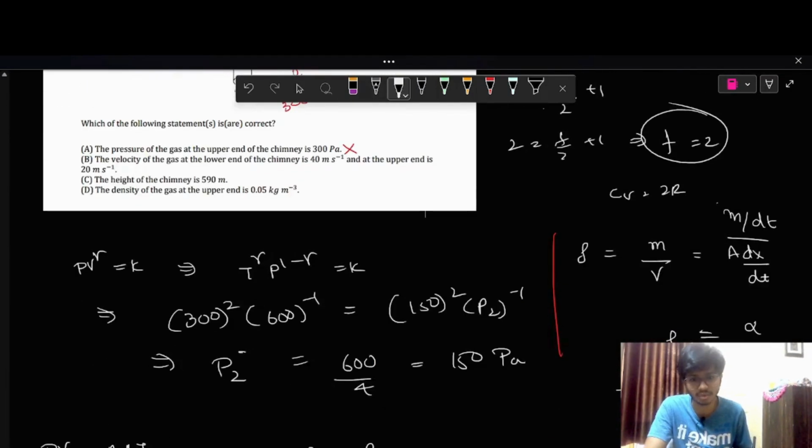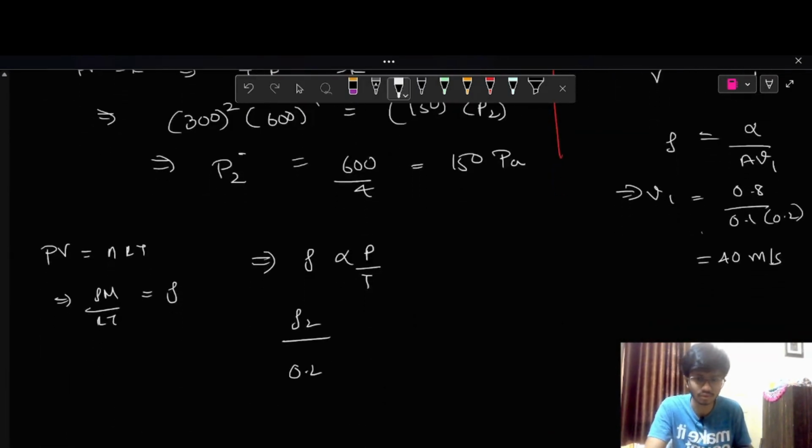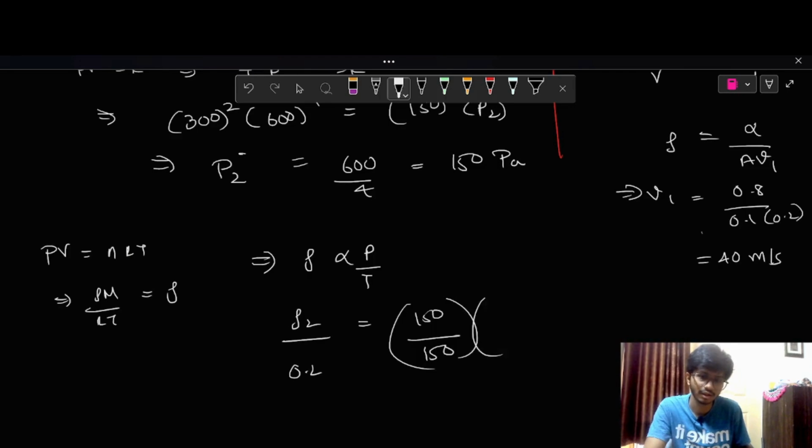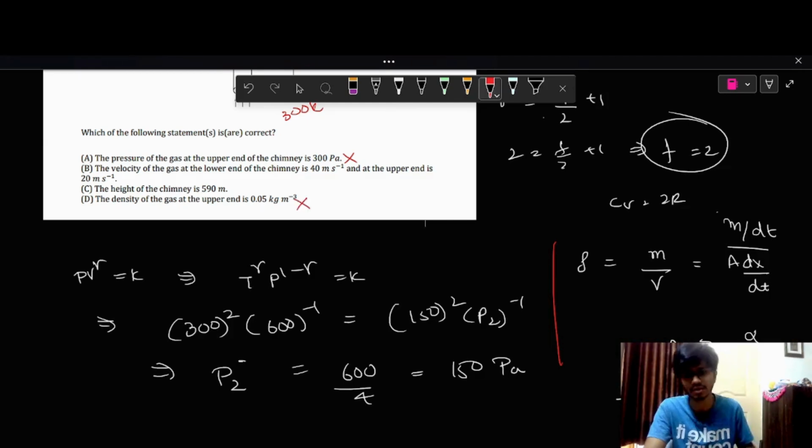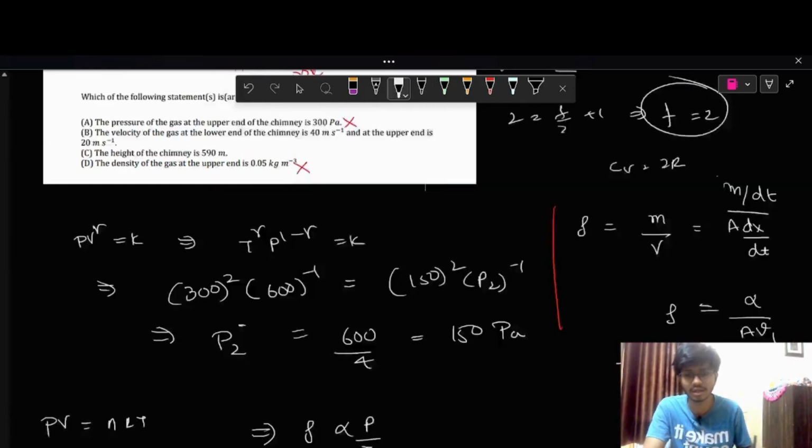Rho 1 is 0.2, so you write 0.2 over here, times 150 by 600, times 300 by 150. Now rho 2 comes out to be 0.1. So the density of the gas at the upper end is 0.1, not 0.05 kg per meter cube. So option 4 is wrong.